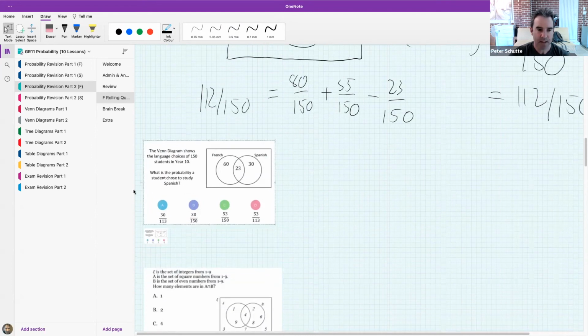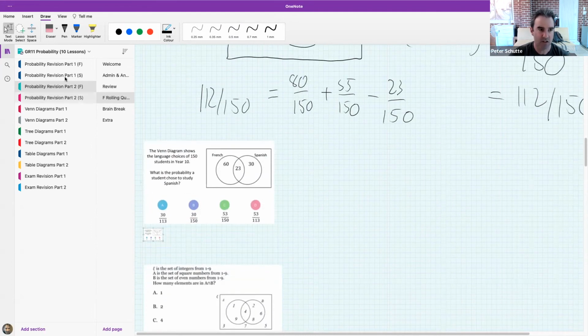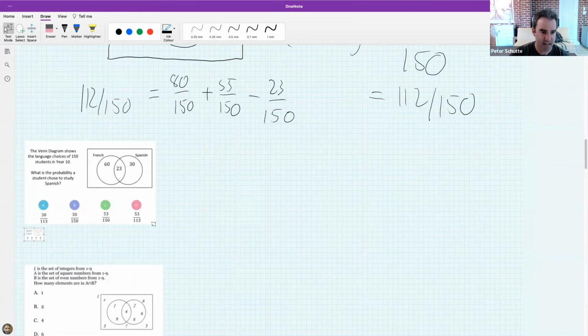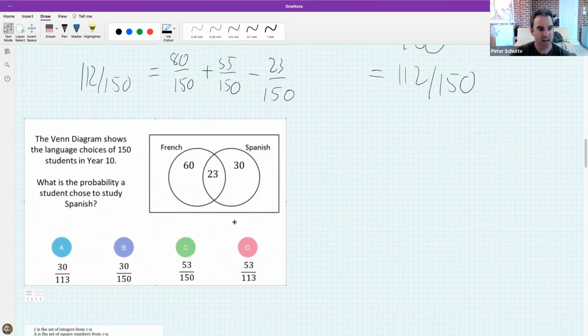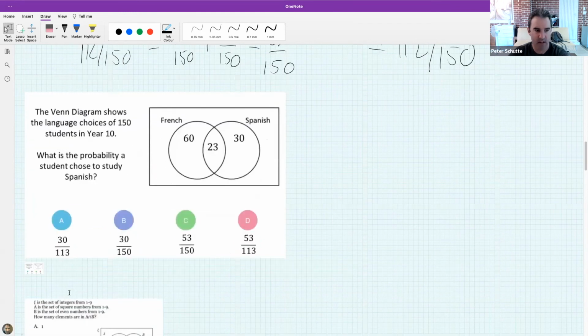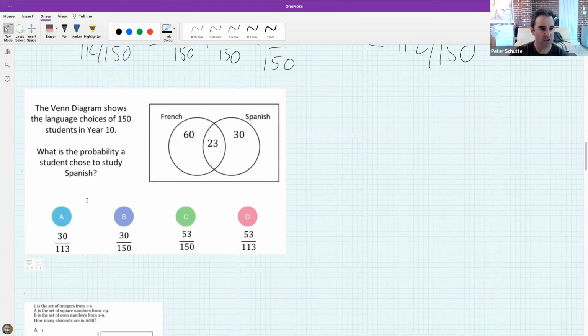So let us consider this question. This is a Venn diagram question, multiple choice. What is the probability that a student chose to study Spanish?